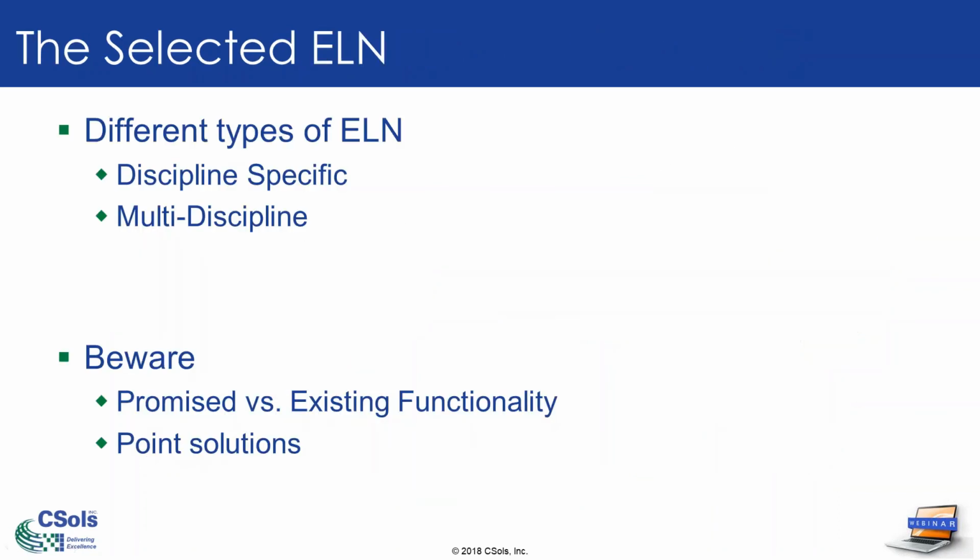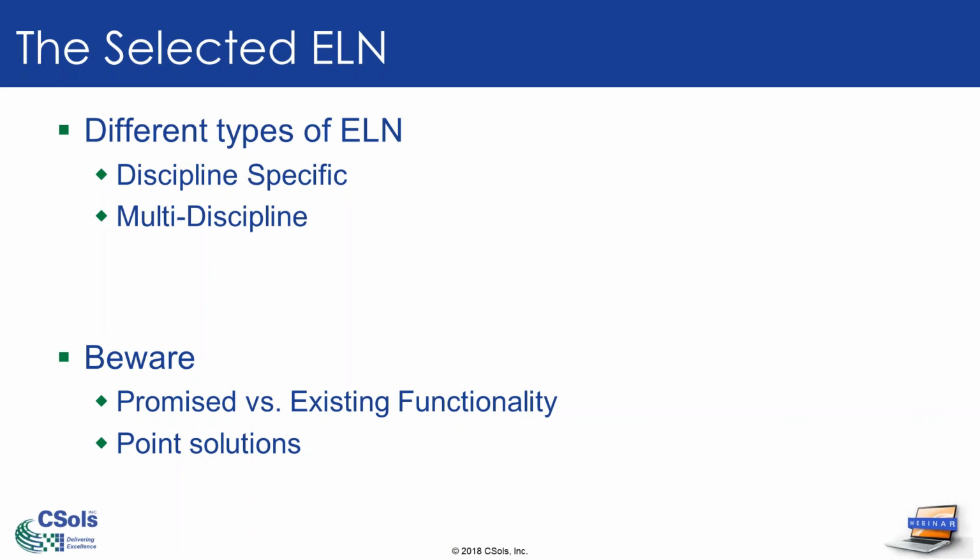So first of all, even though you've selected an ELN, you've probably selected one of two types. The first type is discipline specific. So you have maybe heavy duty science going on where you need very, very specific capabilities within your ELN. Hence the ELN you've selected is just going to be within a small group of your overall organization.